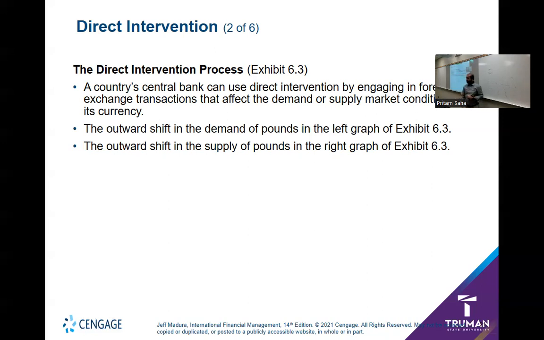They can reduce the demand for pound, or they can increase the supply of pound, because they also have reserves of British pound. So they can increase the supply of pound too, by holding more dollar and selling off pound.